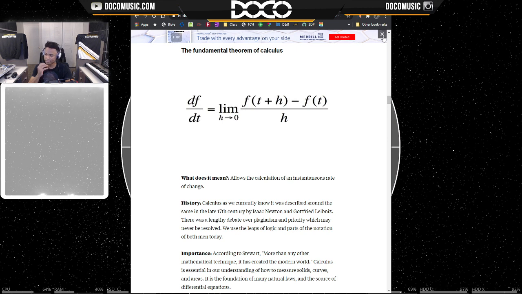So if it wasn't zero, say you were trying to go from 3.9 to 4, it would be f of t minus 0.1 minus f of t over 0.1. Over the tiny, minute change that you're trying to assume.